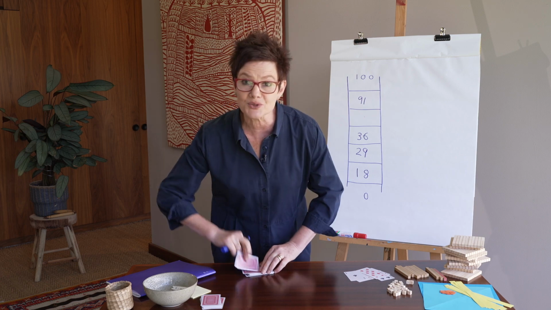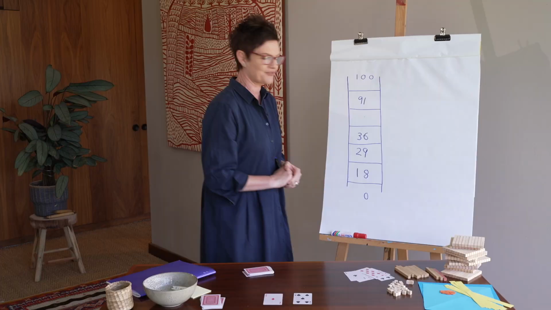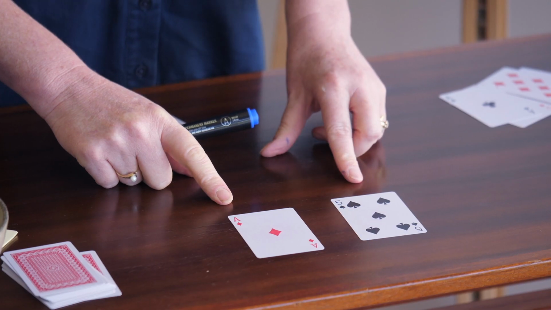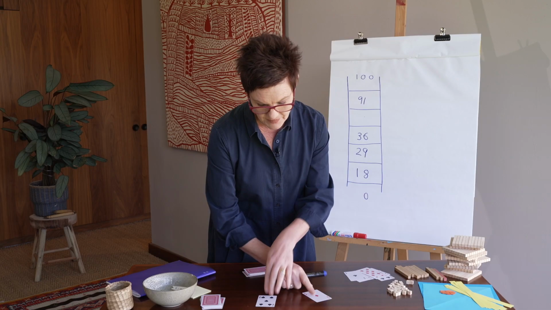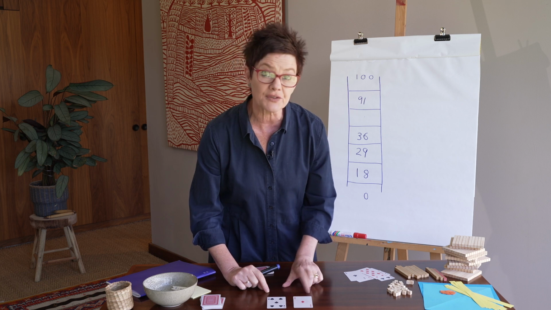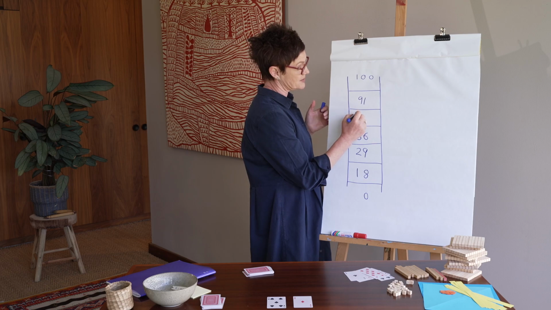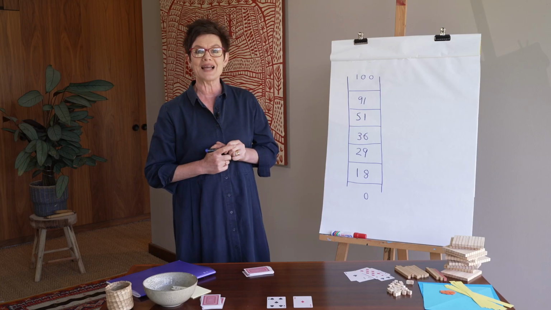Okay, and my last two cards are 1 and 5. 1 and 5 make 15. That won't fit. But I will be able to use 5 and 1, 51. And 51 will fit right here. And my goodness me, I seem to have been able to make a full ladder.